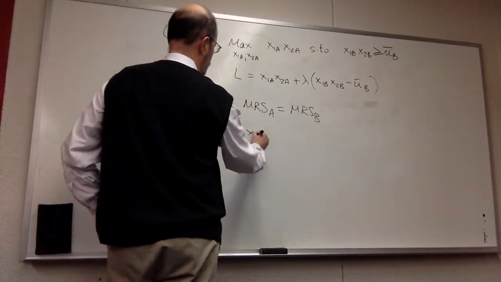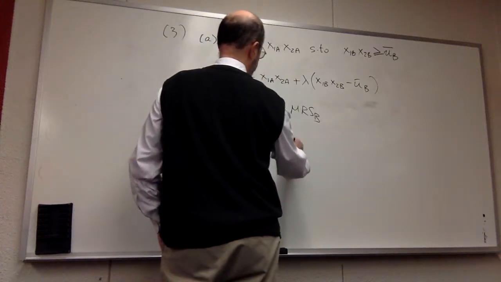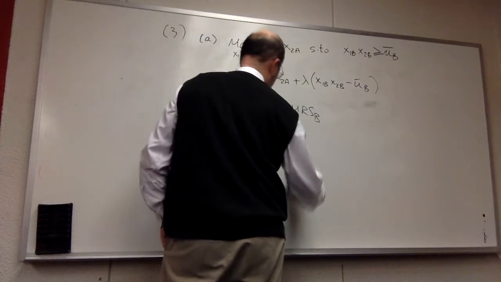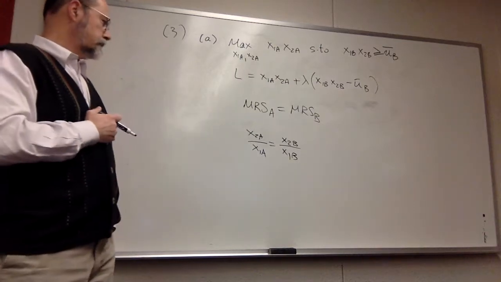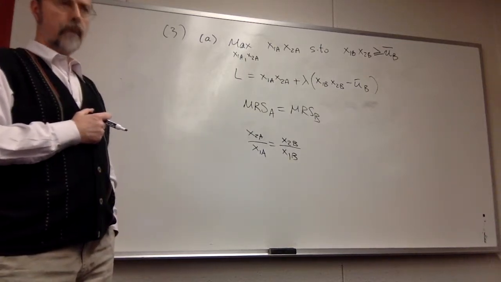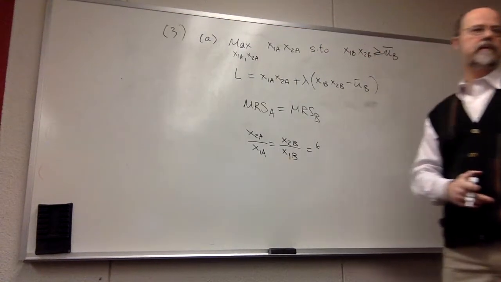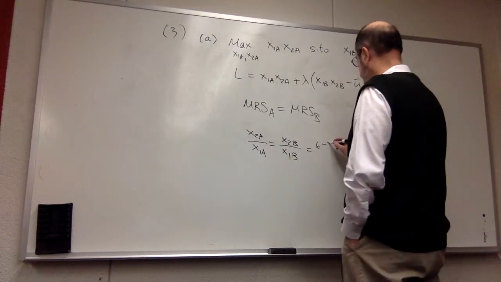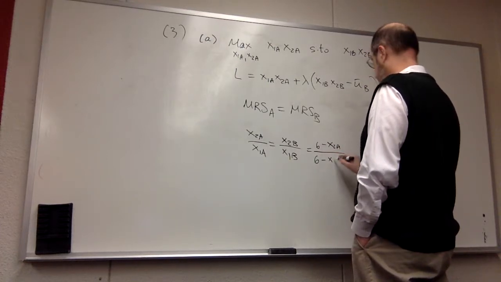It means that x2a over x1a equals x2b over x1b, right? So it appears that we have 4 unknowns here, but we don't, because x2b is the total amount available of good 2, which is 6, minus x2a, and down here 6 minus x1a, right?